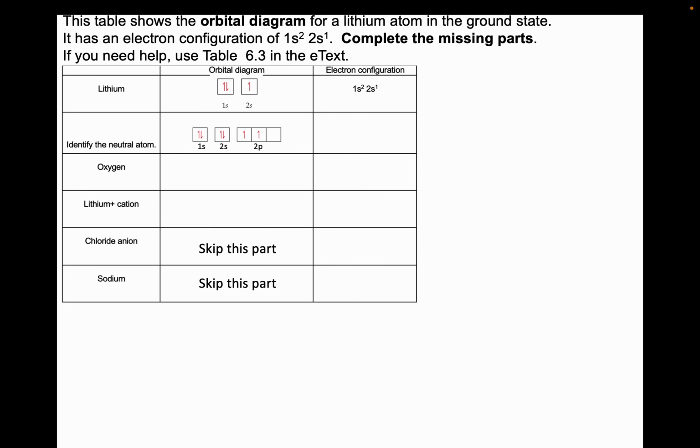This table shows the orbital diagram for a lithium atom in the ground state. In the electron configuration, 1s2, 2s1. And we're asked to complete the missing parts of the table. The orbital diagram is showing the box representation for the atomic orbitals. 1s2, 2s1, that's the electron configuration. It's showing that there are 2 electrons in the 1s orbital and 1 electron in the 2s.